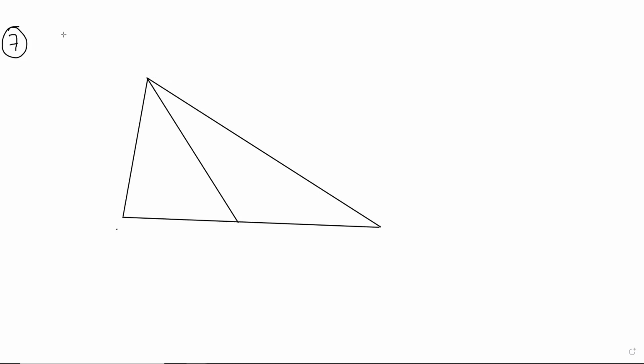Yeah, angle bisectors, ABC. The circumcircles of BCD and ABD cut AB and BC.